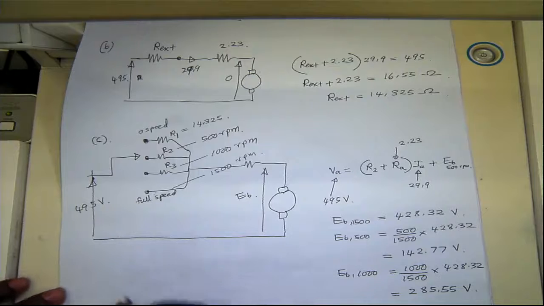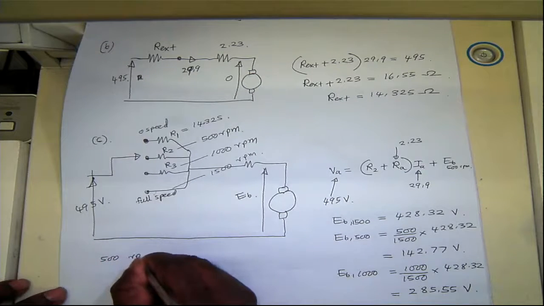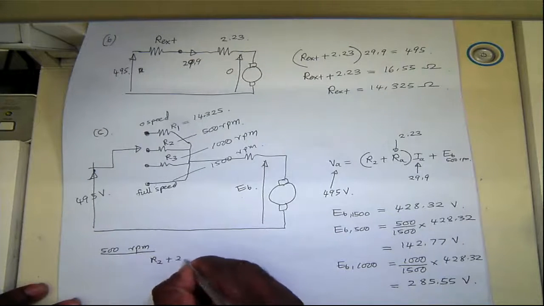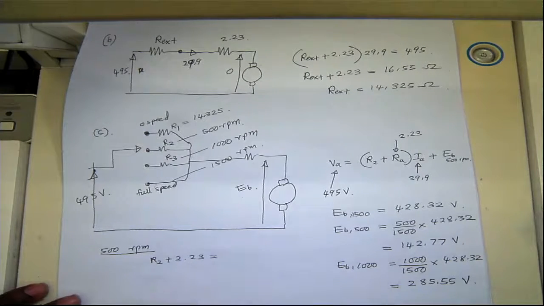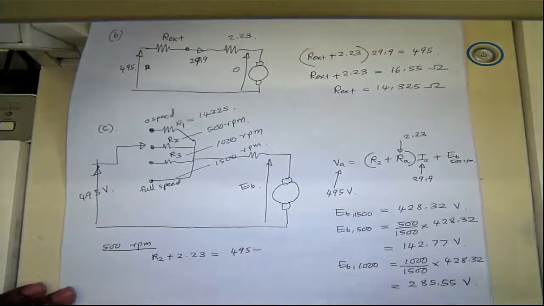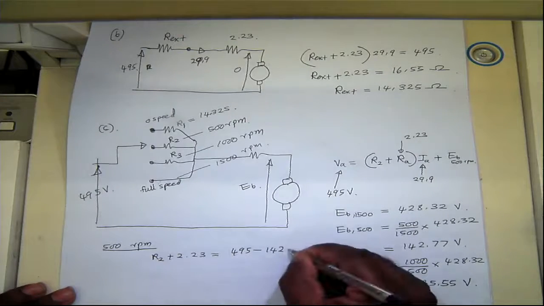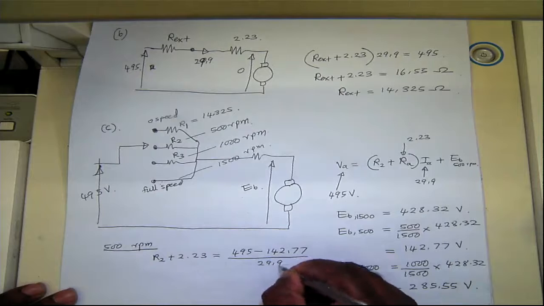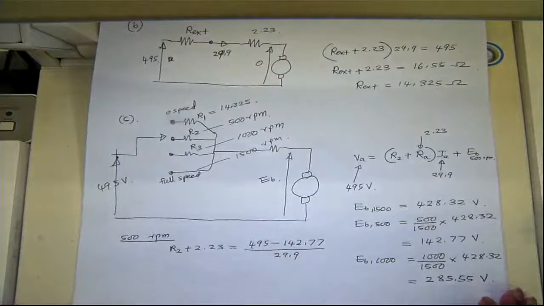For the 500 RPM case, we can write R2 plus 2.23 is equal to 495 minus this voltage, 142.77, divided by the rated current, 29.9.